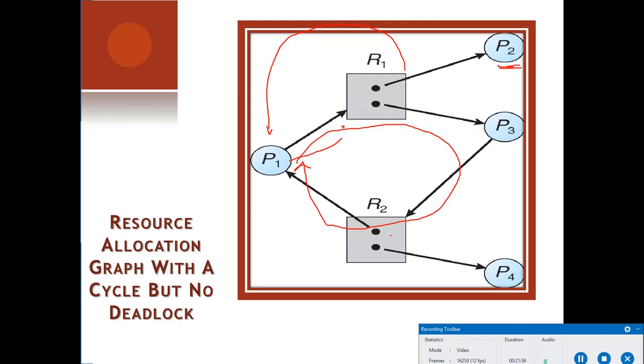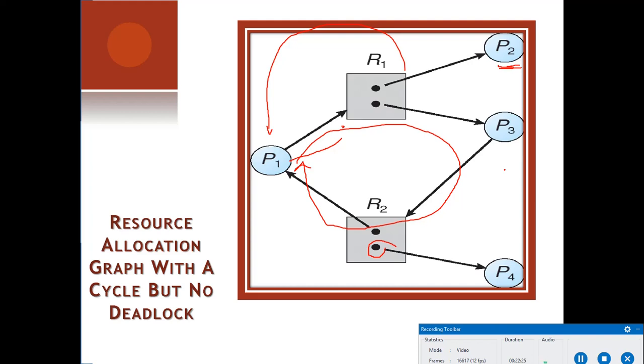Similarly, when resource R2 is released, it can be given to process P3 and process P3 can do its task. Or alternatively, process P4 is not requesting anything. So when process P4 is done, resource R2 can be given to process P3. So there is no deadlock, because P4 may release its instance of resource type R2, then this resource can be allocated to process P3, breaking the cycle.